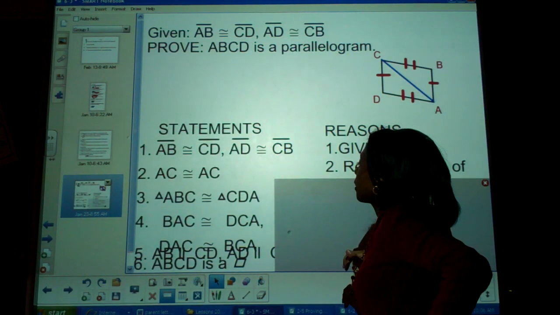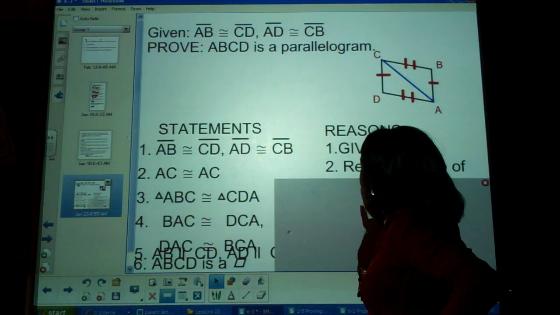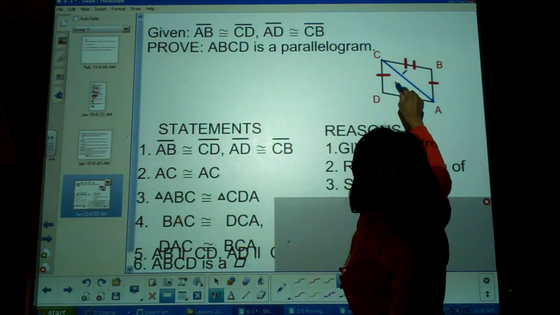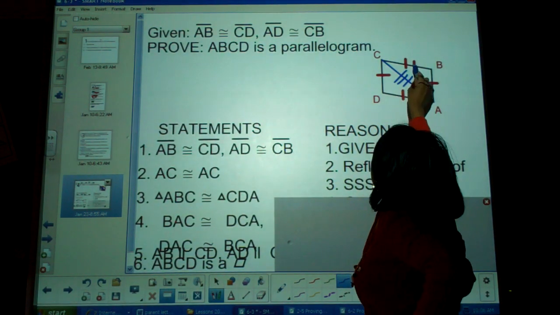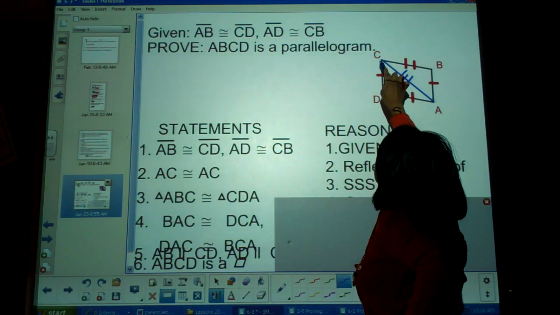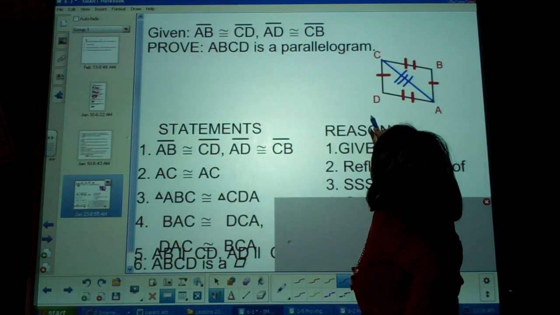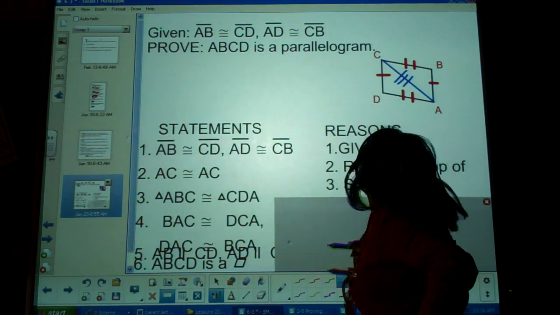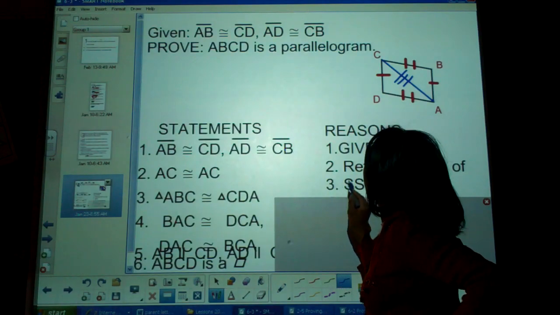How is that going to be? By side, side, side. How do I know that? They share this side here. I knew that BC and AD are congruent, and I see AB is congruent to CD. So this is going to be congruent by side, side, side.